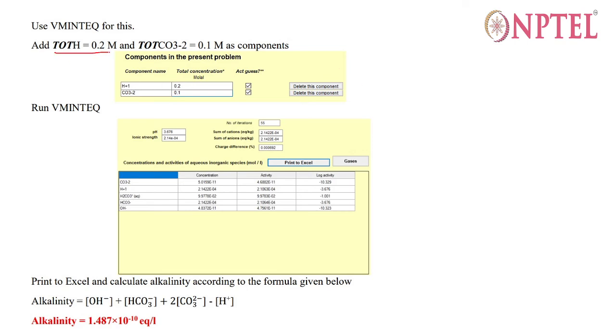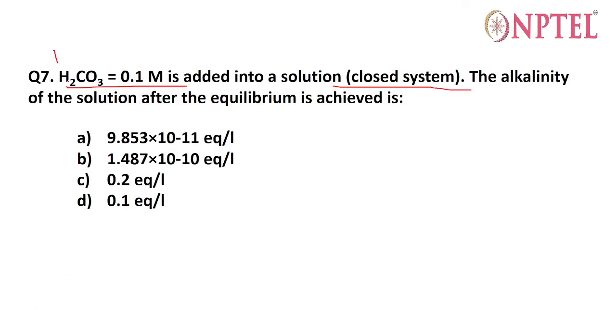So here the total H plus ion concentration will be 0.2 molar, right? Suppose 1 molar of H2CO3 will give 2 moles of H plus ions, because this is H2. Then 0.1 mole of H2CO3 will give 0.2 mole of H plus ions, right?